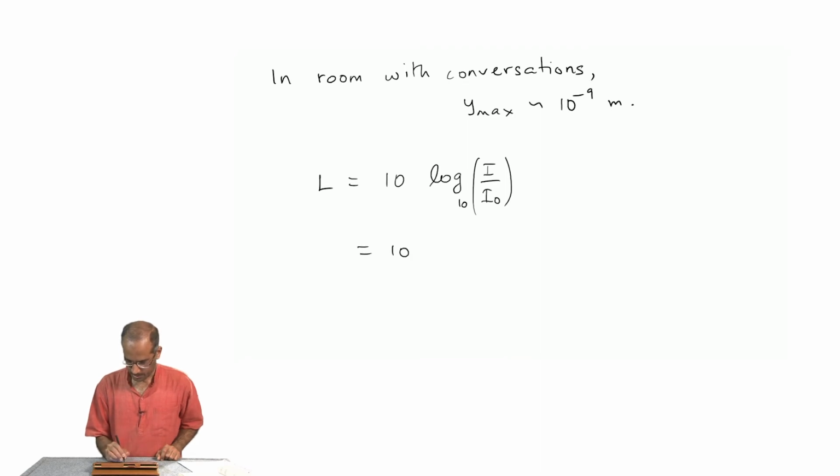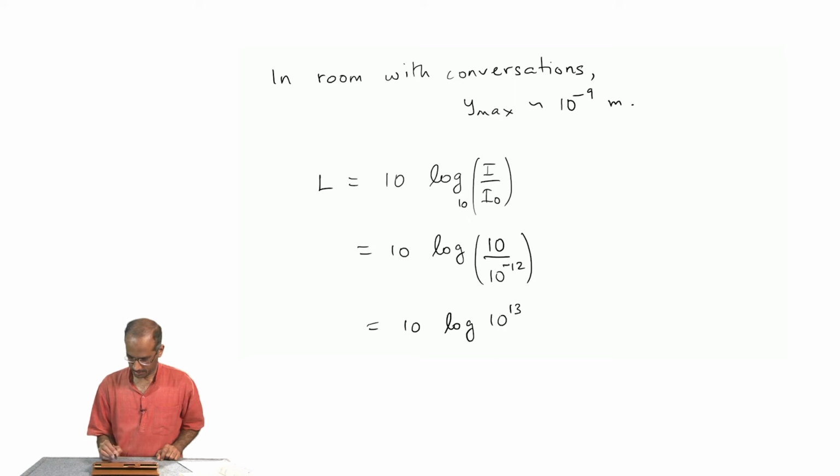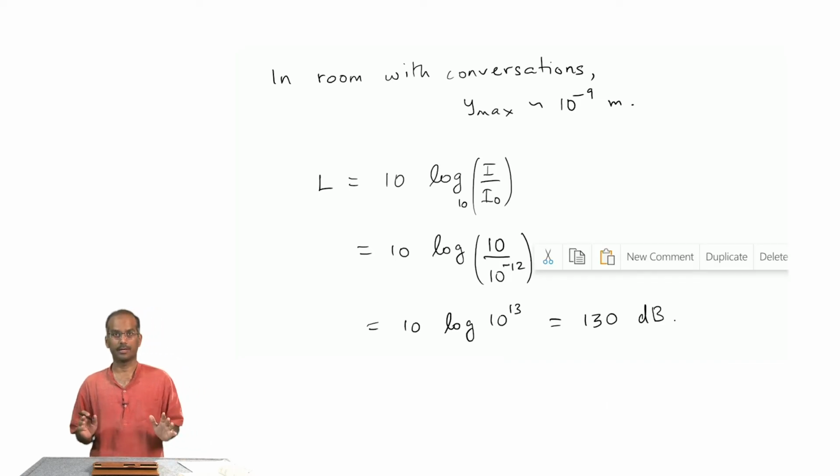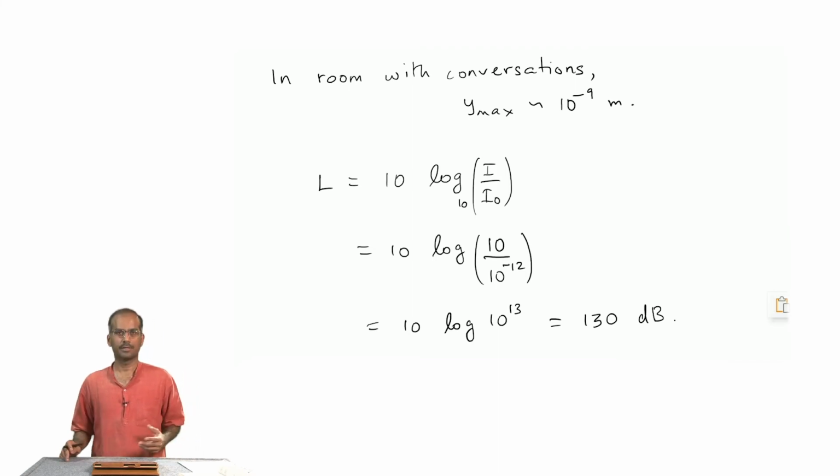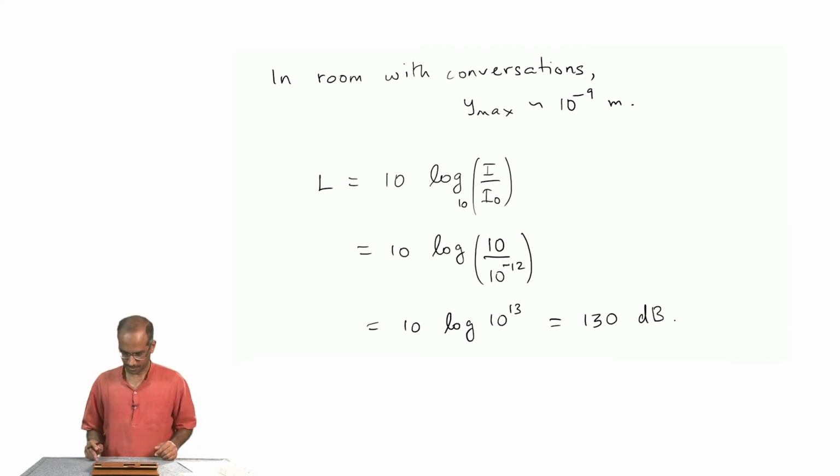So, this would be 10 times log of 10 divided by 10 power minus 12. So, this gives us 10 log 10 power 13. So, that is 130 decibels, which is very high. Continuous exposure to such kind of sound levels can be quite damaging to the ears.